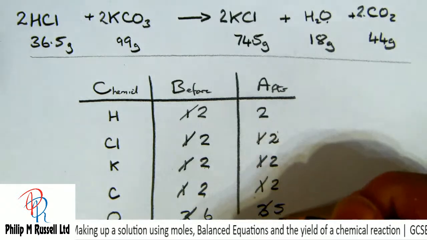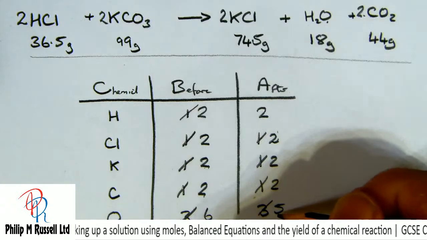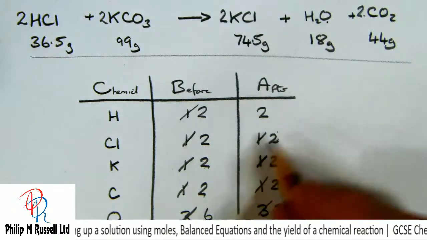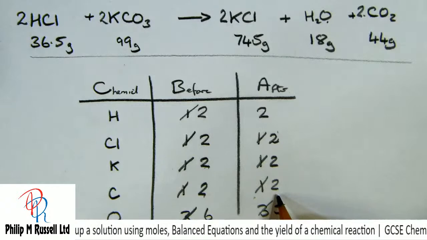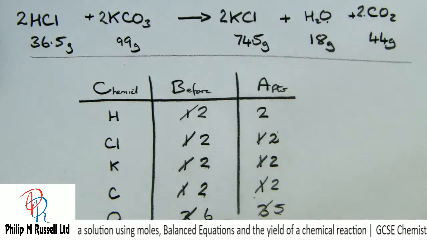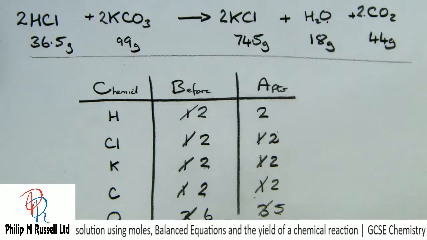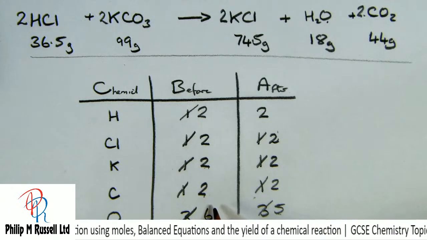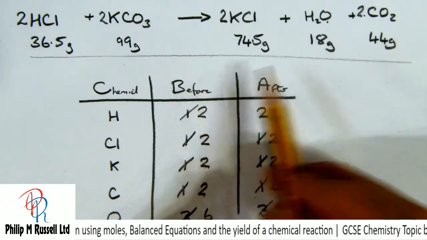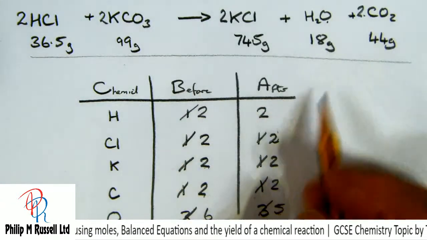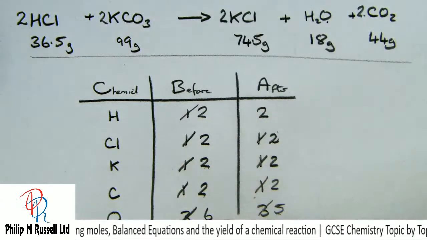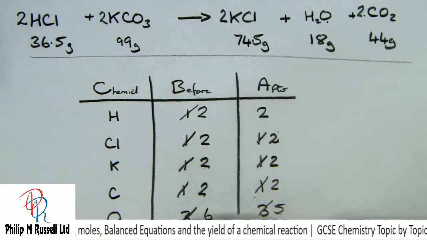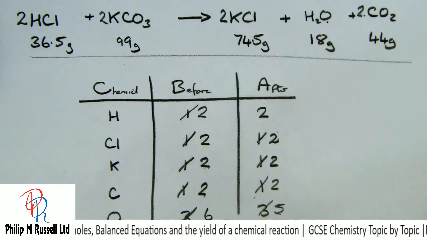So to try and balance this, we've got to now work a little bit harder. It didn't balance on the first go through. What can we do? Well, we can try some ideas. It appears that it's this oxygen that's causing the problem.